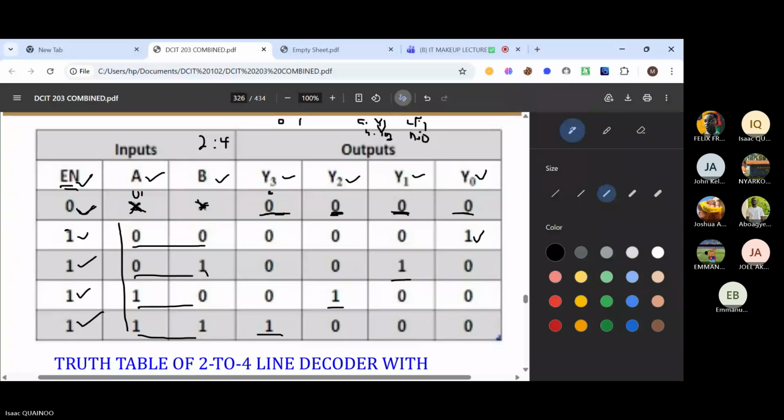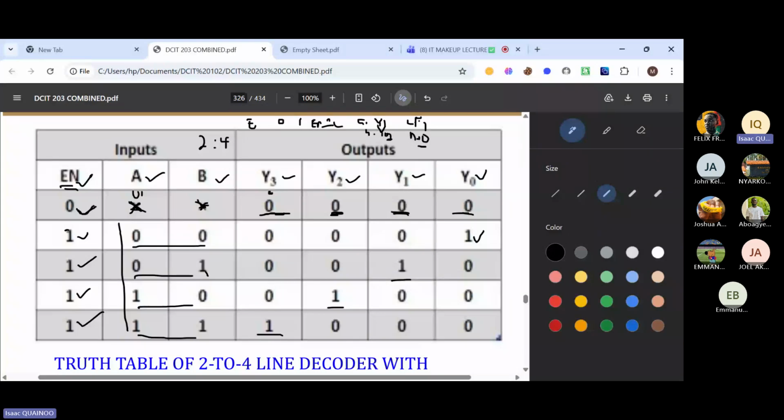Then you go for 0, because once the question specifies that your enabler is 0, so let's say the input is A is 0, B is 0, and the enabler is equal to 0, then automatically you should know the only option you should be looking to select is 0.